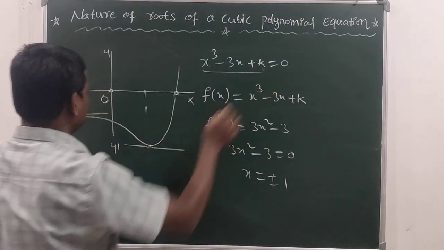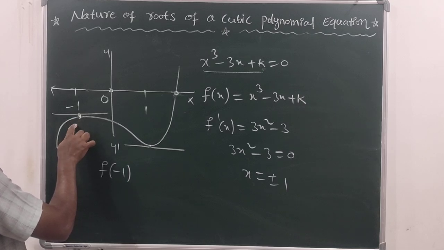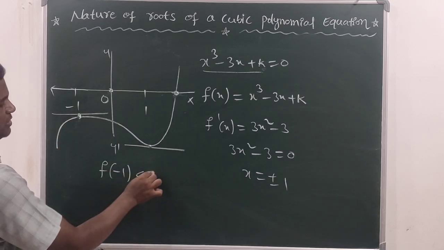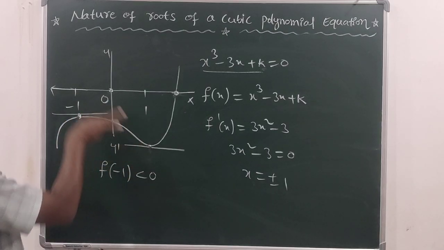Then to find k, here you have to write f of minus 1. It is there in the third quadrant, f of minus 1 less than 0. Here it is also below the x axis. Both these 2 points are below the x axis.